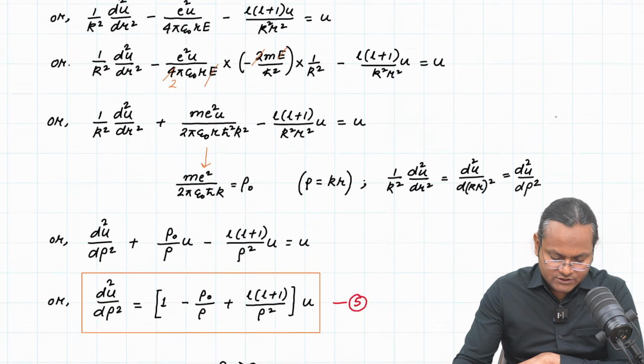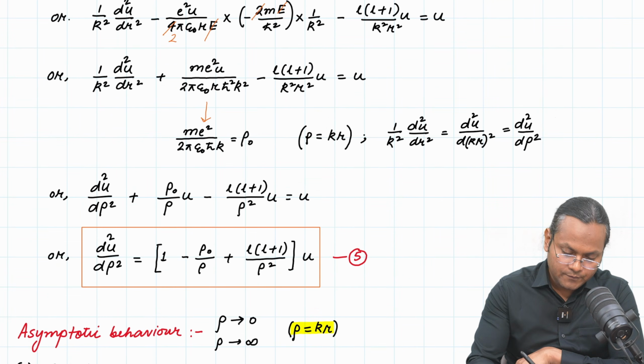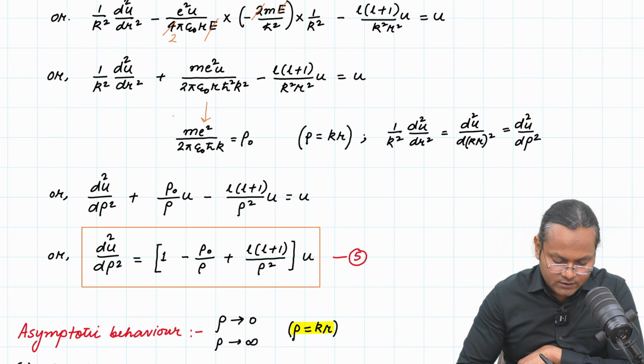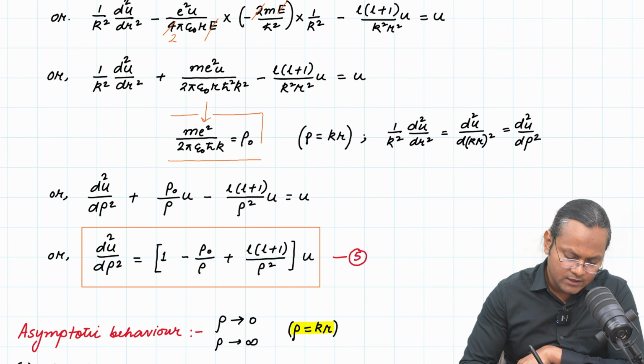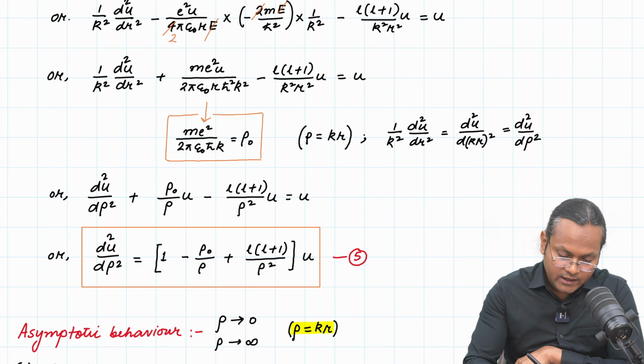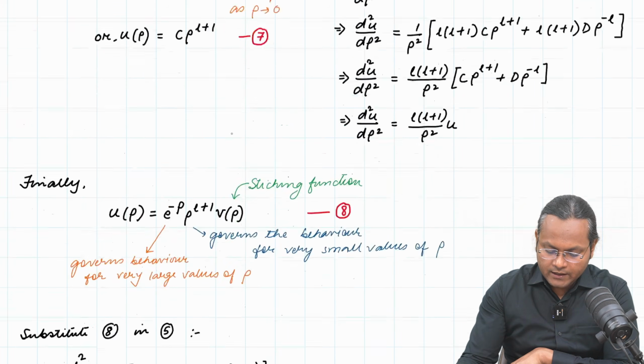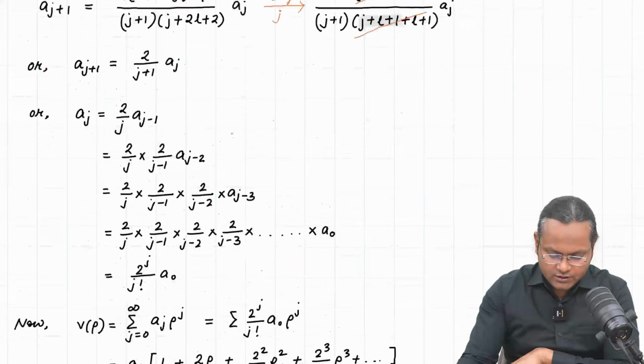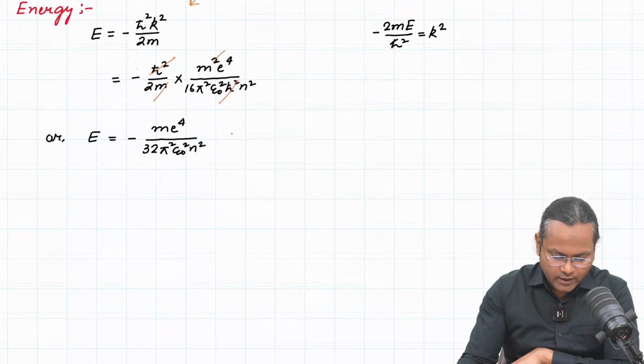When I made the substitution of rho naught, okay, let's take a look again. It's a small typo. I will just correct it here. If you take a look at this particular expression, rho naught equals m e square upon 2 pi epsilon naught h cross squared. Okay, so if I make that correction here, there should be an h cross square term.